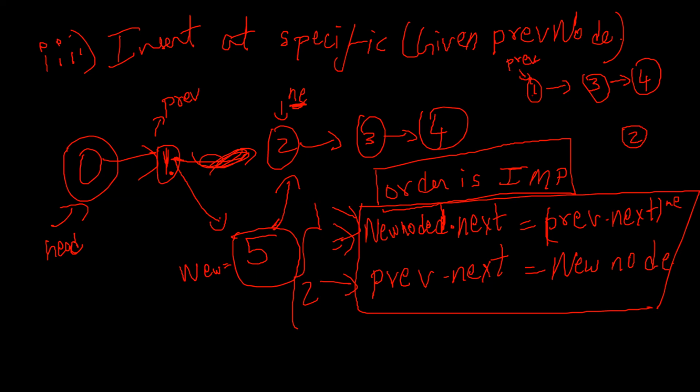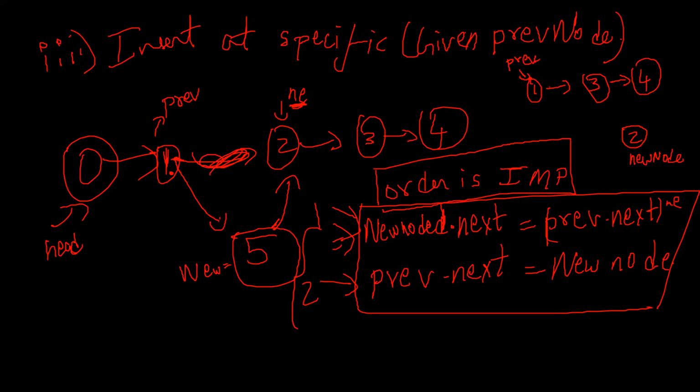We have two steps: update previous dot next as well as new node dot next. One is updating previous next to the new node, and the other is new node next to previous dot next. But if we update previous dot next to the new node first, we lose all of our linked list after the previous node.